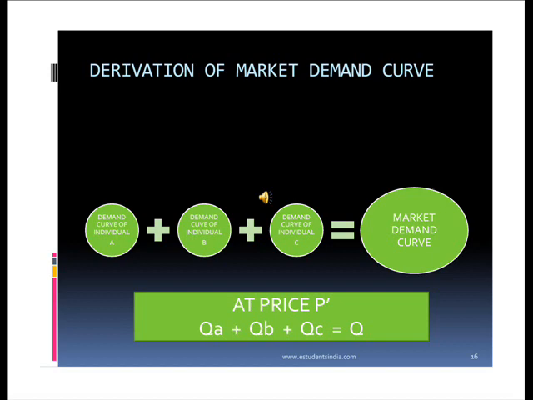At price P dash, QA is the quantity demanded by A, QB is the quantity demanded by B, QC is the quantity demanded by C, and Q at price P dash is the quantity demanded in the market. QA plus QB plus QC. Remember, same price, same commodity, same time.